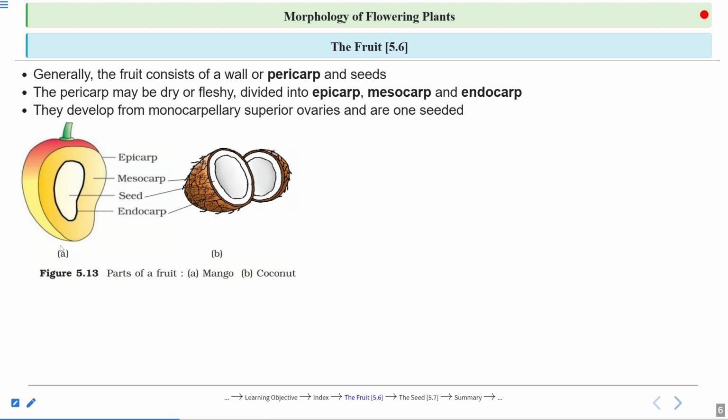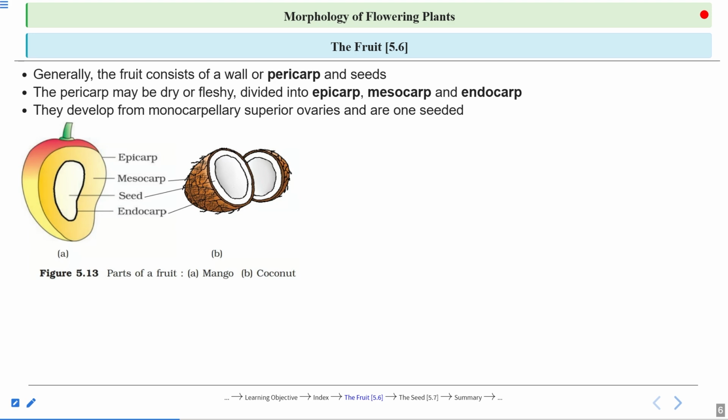So here you can see this is the mango and this is the coconut. See this figure very keenly. The pericarp unitedly is called epicarp, mesocarp and endocarp. The outermost wall is called epicarp. While eating mango, you take out that particular part, right? You take out the epicarp.